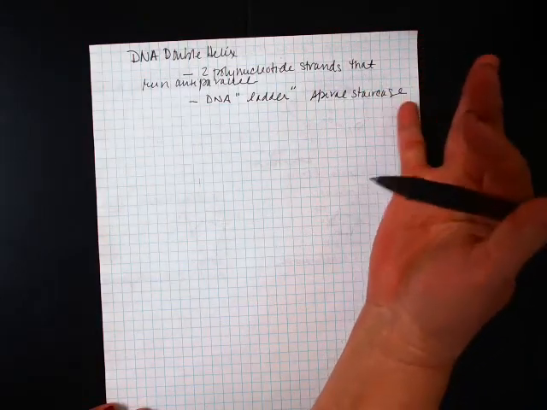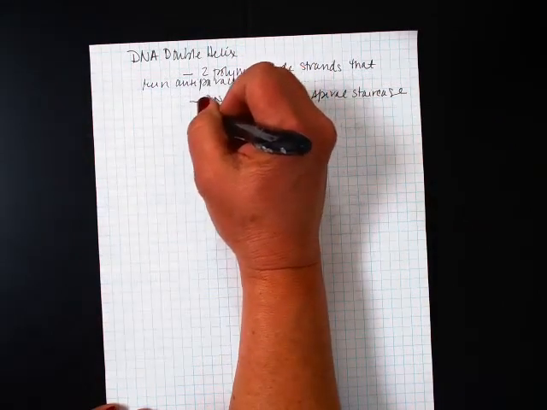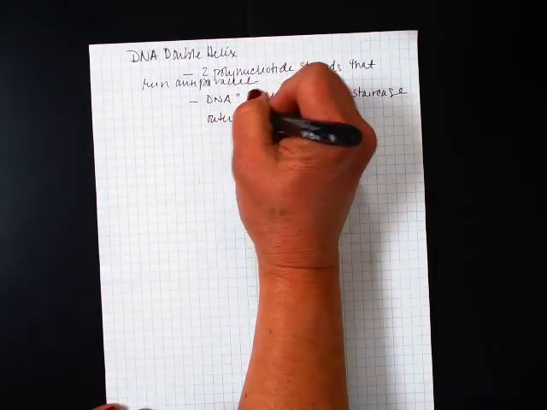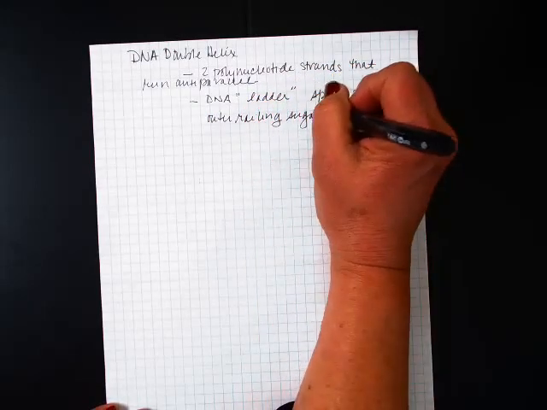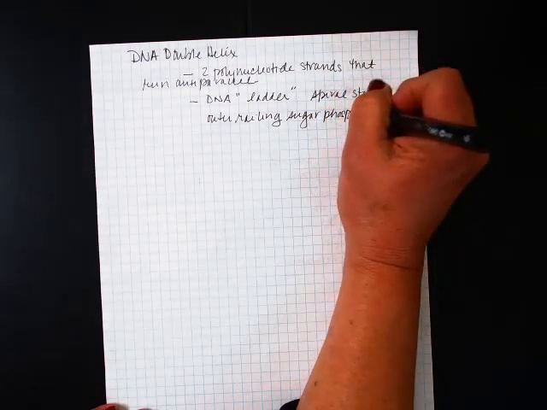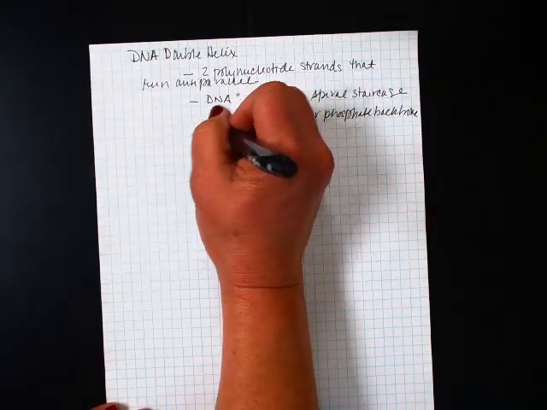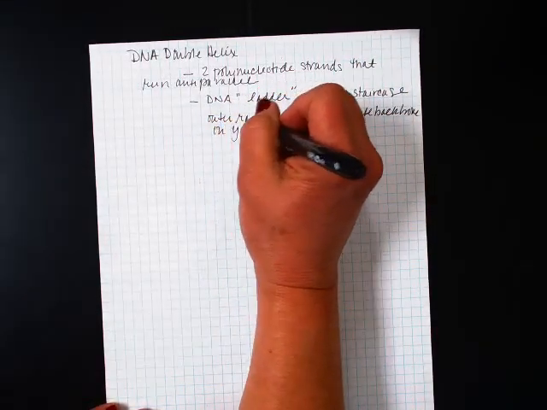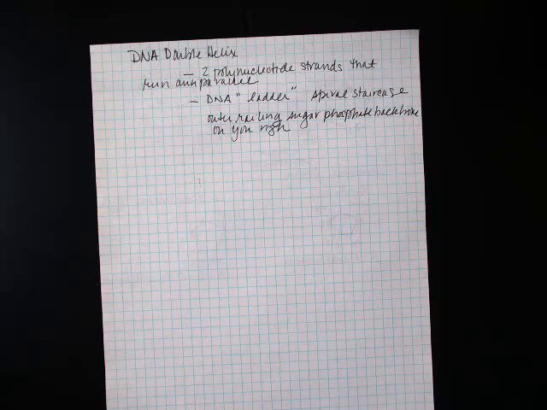So the outer railing is the sugar phosphate backbone, on your right. So the base pairs then are going to be centered in the middle of the helix, and they're approximately perpendicular to the helix axis. And they stack on top of one another. So the core of that helix is essentially solid.